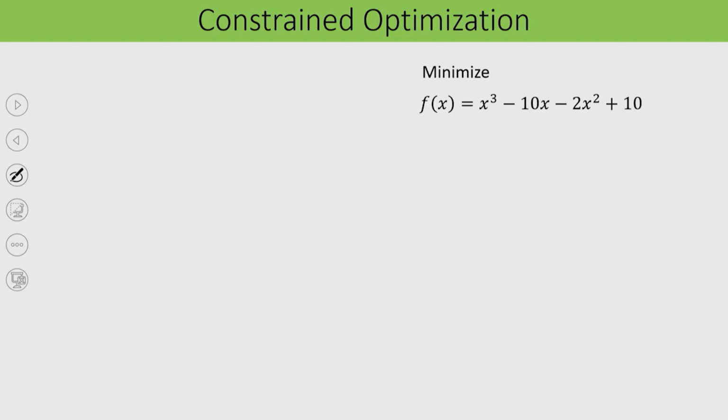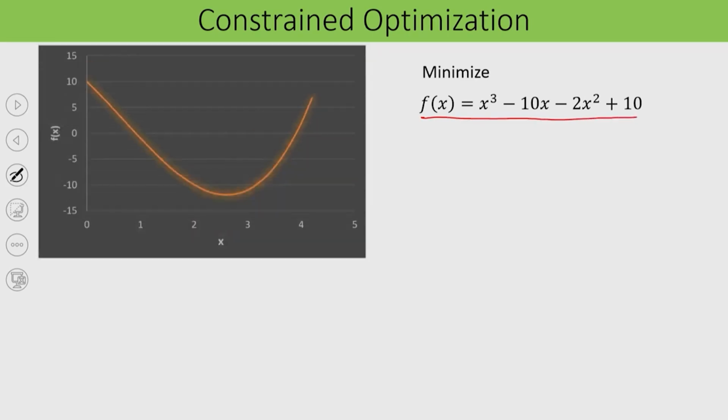I can take the derivative with respect to x and equate it to 0, which will give the stationary points. Let us plot this function. If I plot it, the solution is somewhere here.